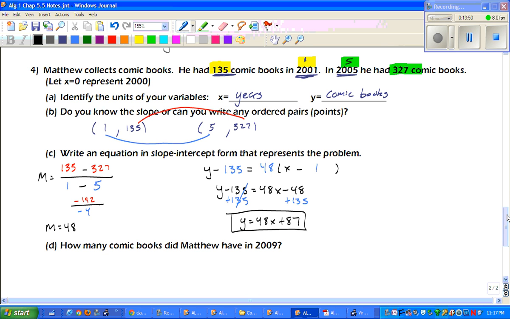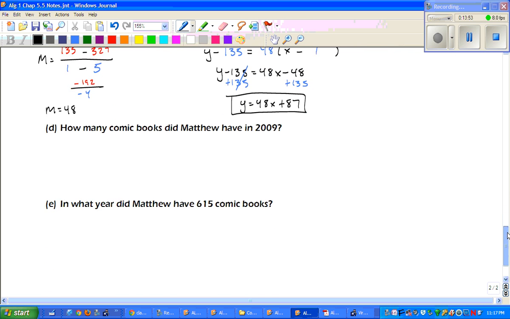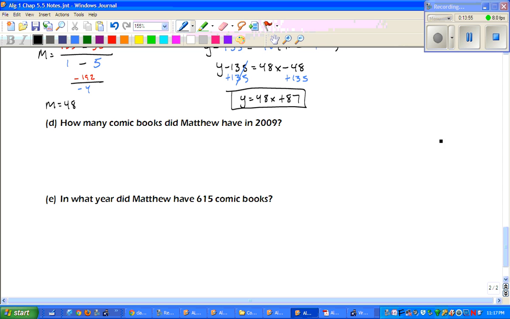All right. How many comic books did Matthew have in 2009? Okay, that's time, so that's telling us our x, and we just want that first number. So they're saying x equals 9. So what you need to do is plug that into your equation, and you fill it out, and you're going to get your answer.